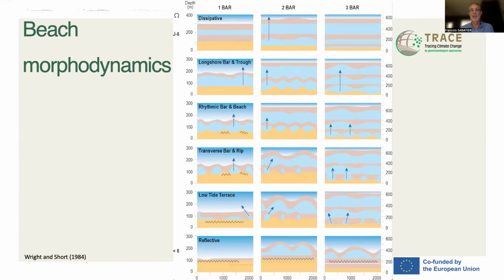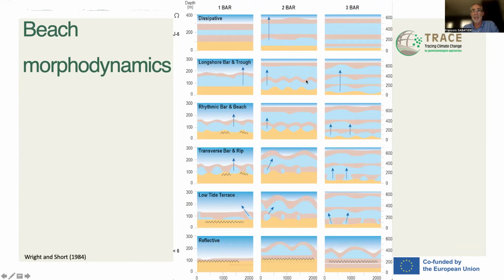And the last point: I spoke about the morphology and showed you only one bar, but in the field, you may observe one, two, or three bars, and sometimes more. So a combination is possible. In that example, you'll see that offshore, the bar is longshore. This is a longshore bar system.